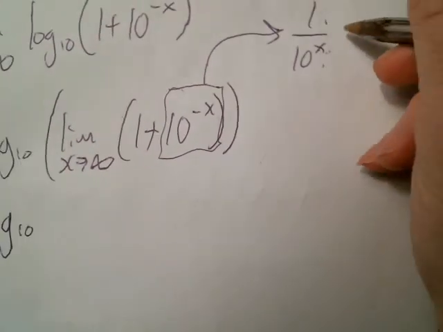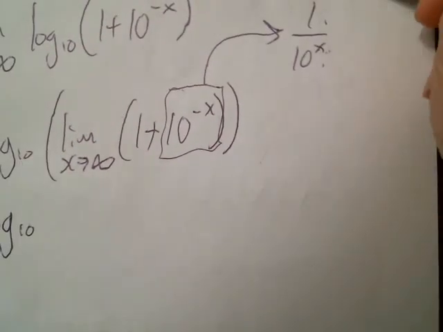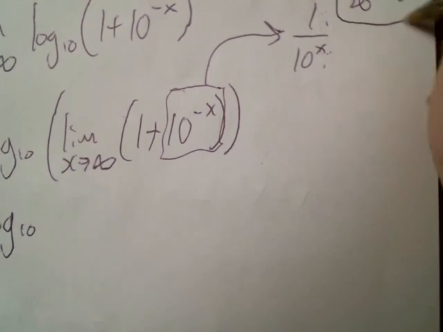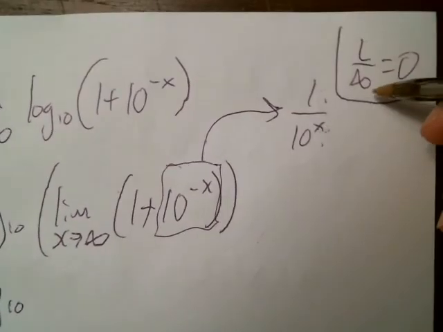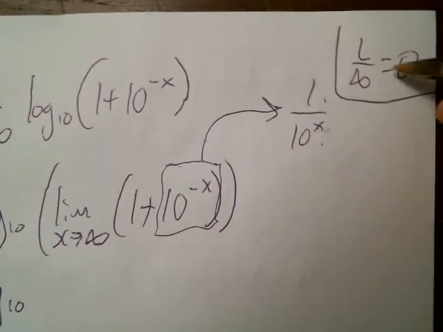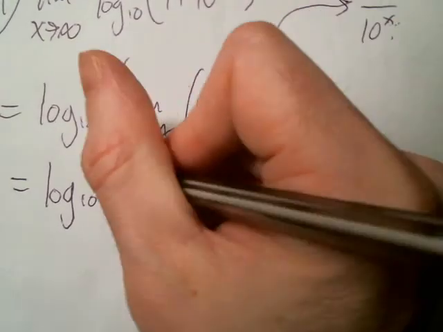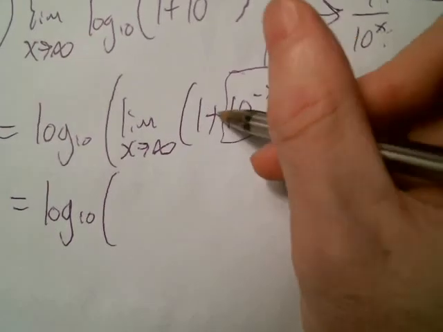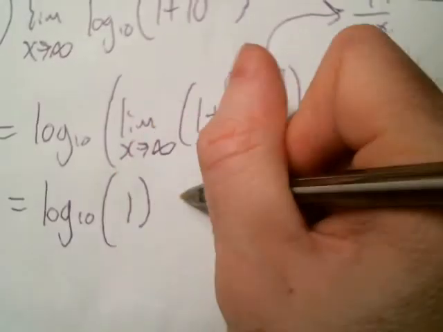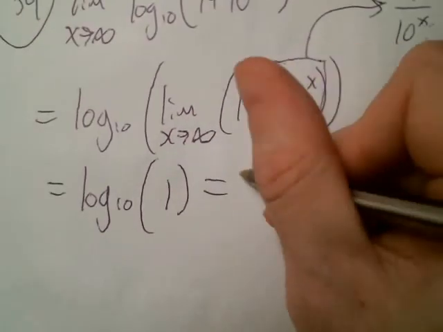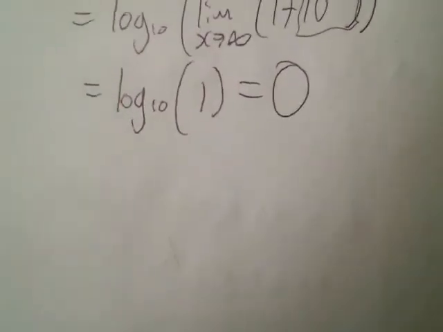Whenever you got 1 over infinity or L over infinity form, it's equal to 0. Anything over infinity is equal to 0, as long as this is some finite number. Okay, so this thing is just going to go to 0, and you have the log of the limit of 1 plus 0, which will be 1, and the log of 1 is always equal to 0. Okay, next.